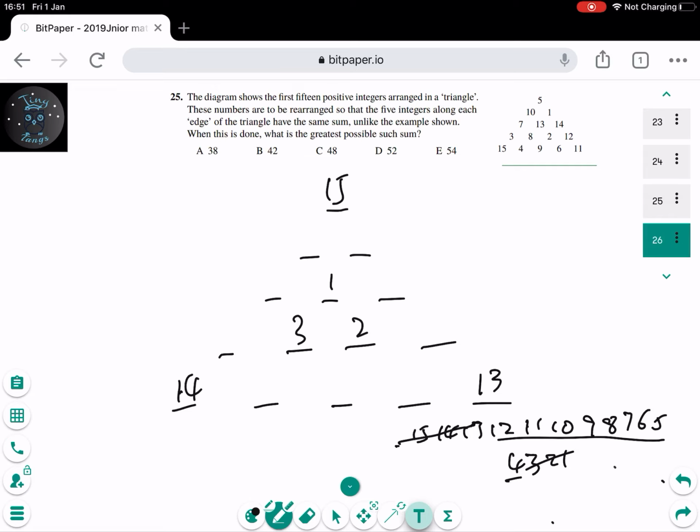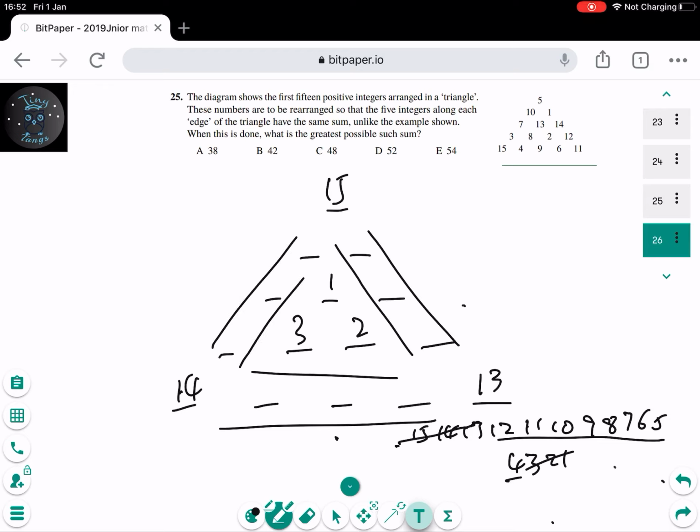But this side plus this side needs to be, so these three numbers, that's 28, 27, needs to be one less than these three numbers, if you can understand, to make these two sides the same. And this needs to be one less than that.